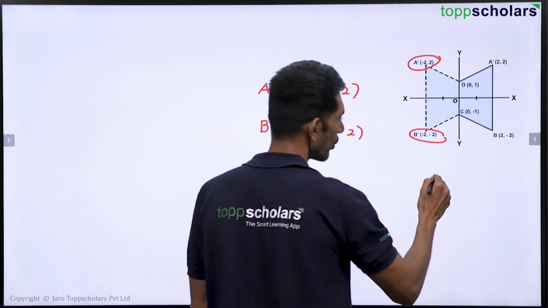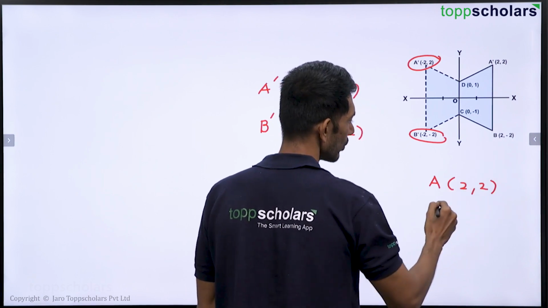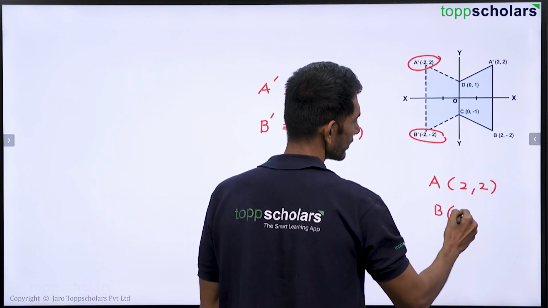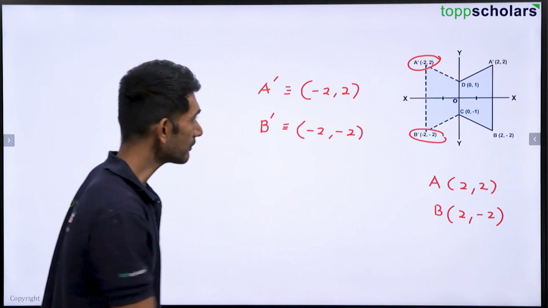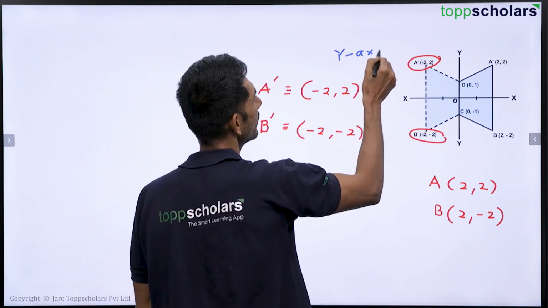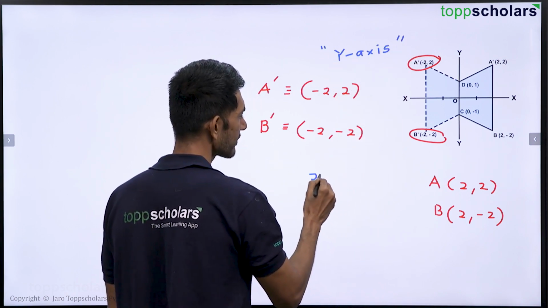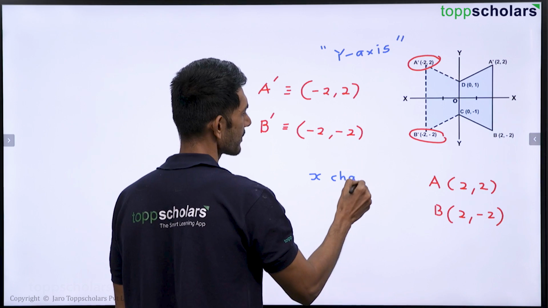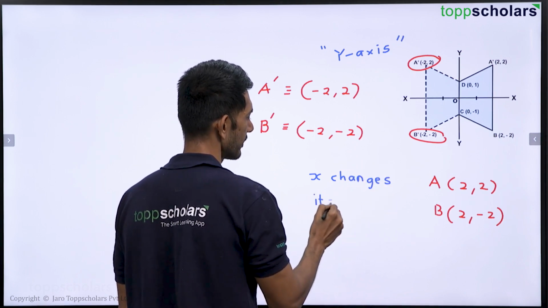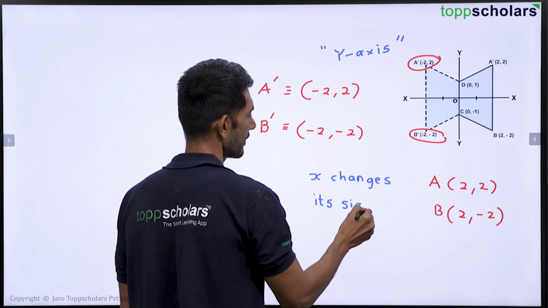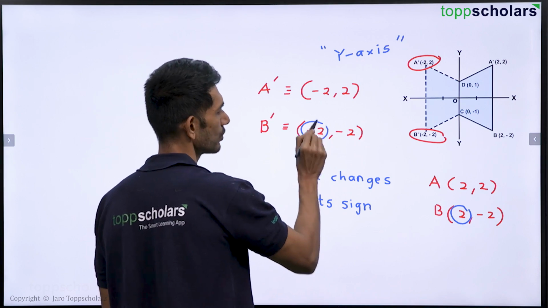Now understand how to identify without actually drawing also. See, the coordinates of A are (2, 2). The coordinates of B are (2, -2). Correct? So if you see, whenever we take the reflection under y-axis, x changes its sign. See, this is 2, this became -2.